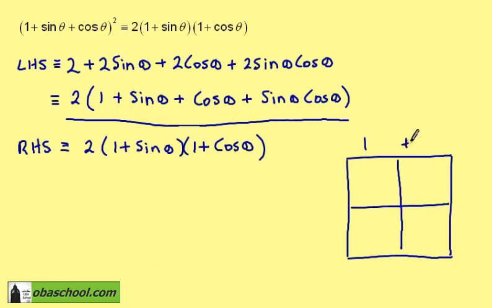We've got 1 and sin θ, and 1 and cos θ. This gives me 1 plus sin θ plus cos θ plus sin θ cos θ.